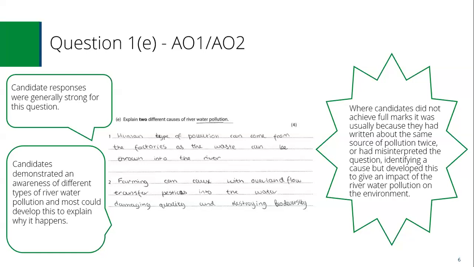It talked about the transfer of pesticides by overland flow, and therefore that got the top marks. That would have been 2 out of 2. So 2 out of 2 for the second one, 1 out of 2 for the first, and therefore this one got 3 out of 4. So it's a decent answer, but again, stop being woolly in that little bit there. That waste can be thrown into the river. Needs to tell us exactly what that waste is.